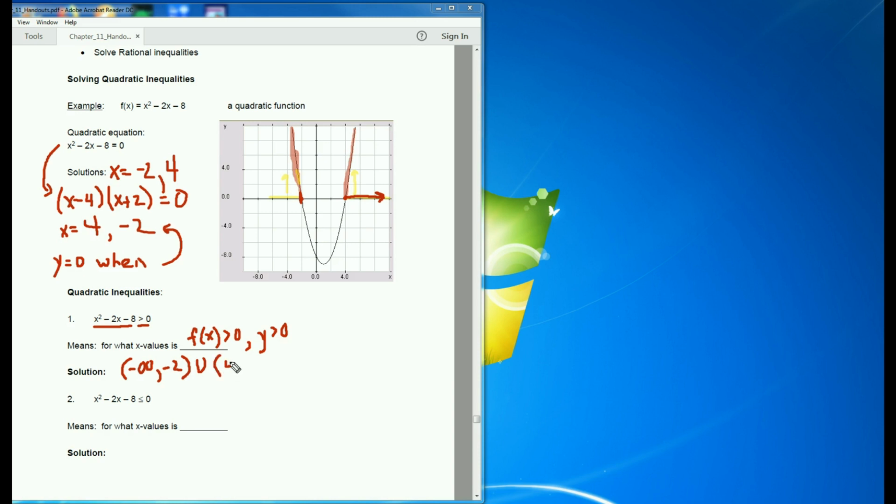So (4, infinity). So again, we're listing as our solution to this inequality all of the x values that make this true. These are all of the x values that result in y being greater than 0.